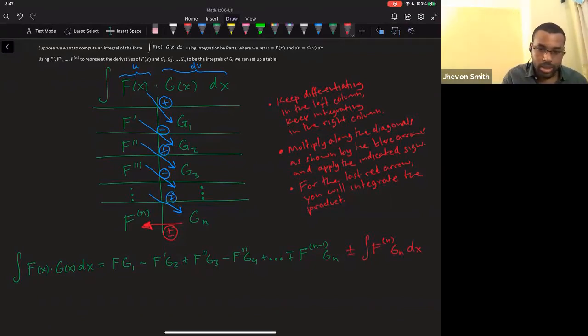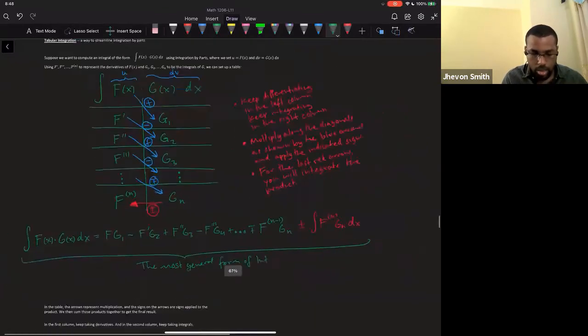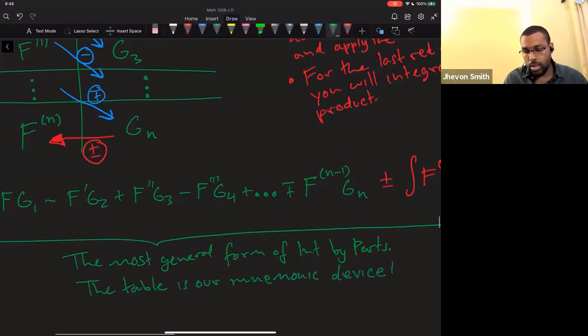So the table is our mnemonic device, and hence that's why it's called tabular integration, because you use a table.